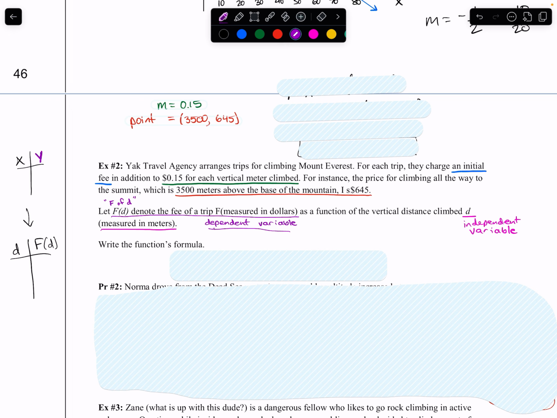So think of, in our last video, the dependent variable was y. Instead of y, we're just writing this in what's called function notation. So f of d is, you can think of it as y. And they put of d just to signify that f depends on d. So this d, this independent variable, takes the place of x in our last video. Okay?